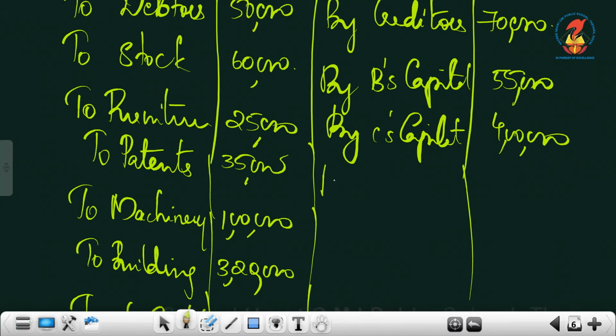Then next one, other assets realized, it is by bank. Debtors, furniture, machinery all together it is 1,45,000, or else you can write 3 times by bank. Just added and took the figure now.